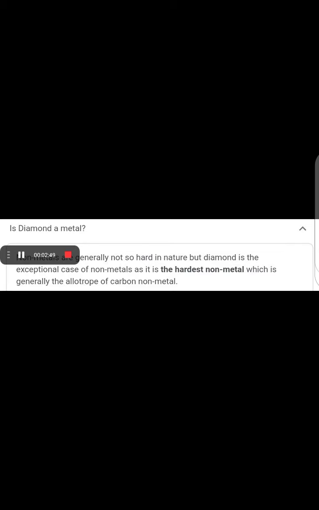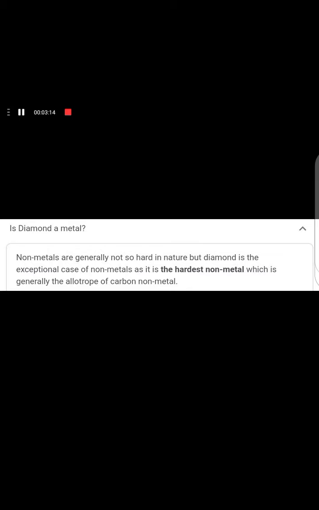Think, is diamond a metal? Let me clear your doubts. Non-metals are generally not hard in nature, but diamond is a special case of non-metals.